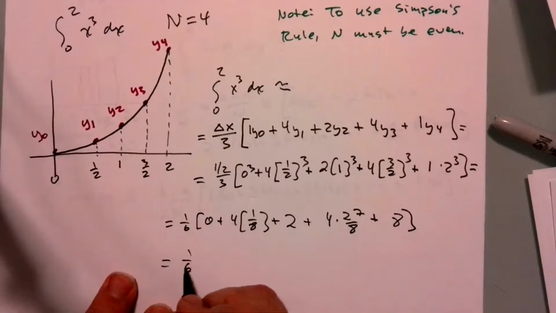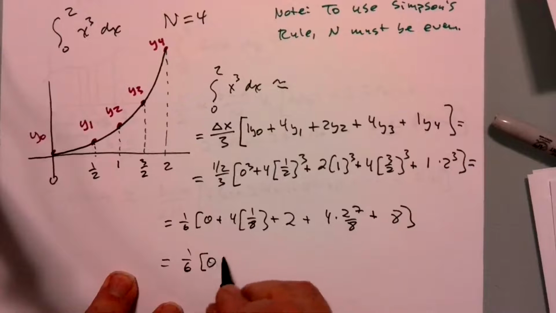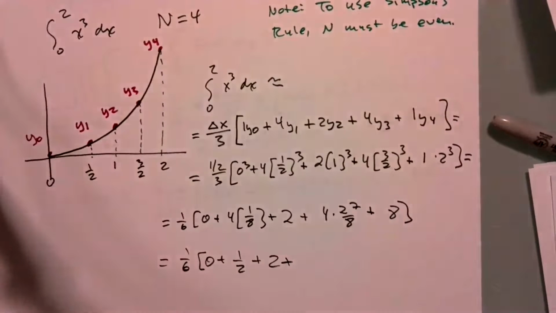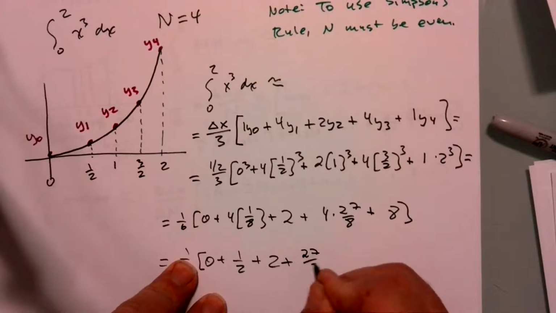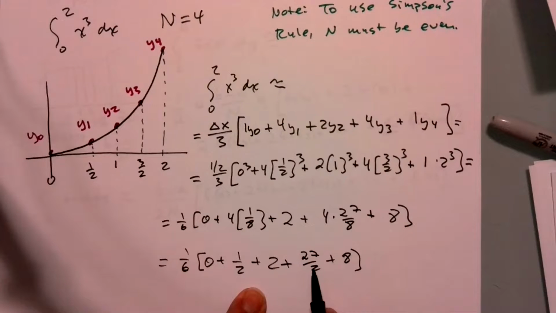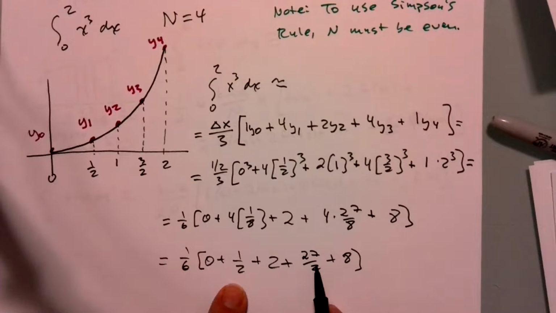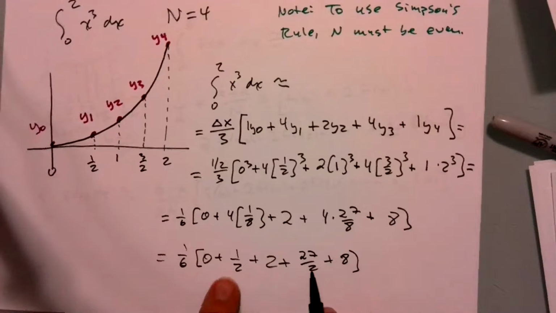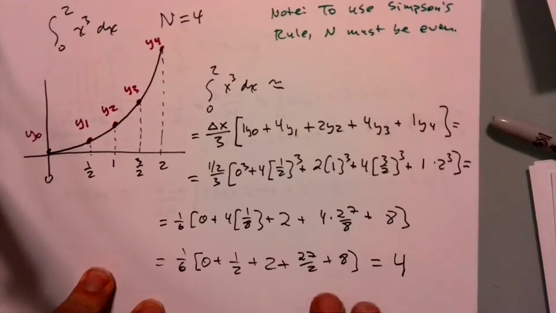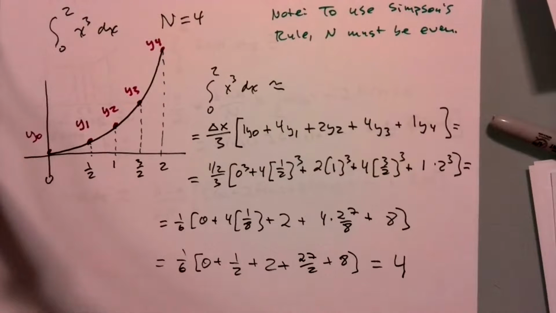What does that give me? 1/6 times 0 plus 4/8 is 1/2, plus 2. What is 4 times 27/8? 4 times 27/8 is 27/2. 8 and 2 is 10. 27/2 and 1/2 is 28/2, which is 14. 10 and 14 is 24. Divided by 6. After all that, I am telling you that based on Simpson's rule, my answer is 4.